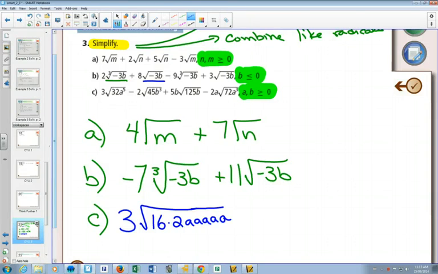Because every time you have a pair, you're able to bring 1 out for a square root. So I'll write it like this right now. Yes? Okay. This is going to take some time to write it all out. Minus 2 square root. What is the biggest perfect square that divides 45? 9.